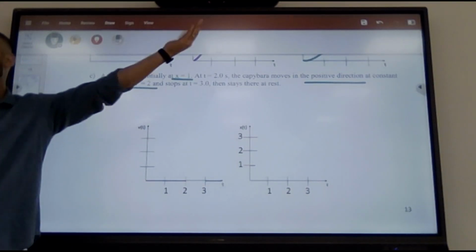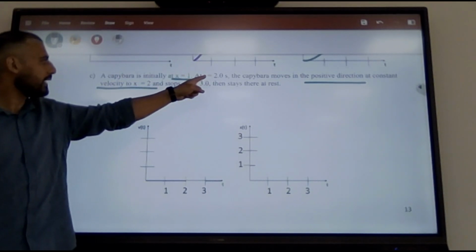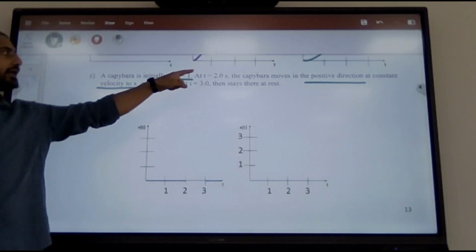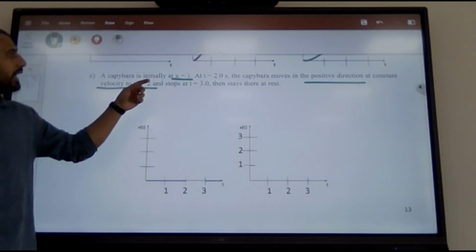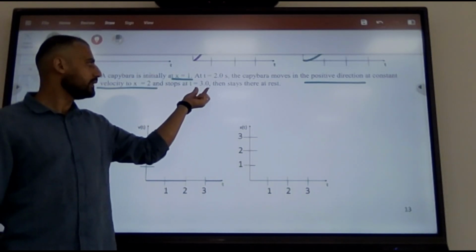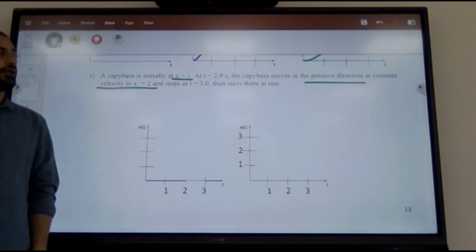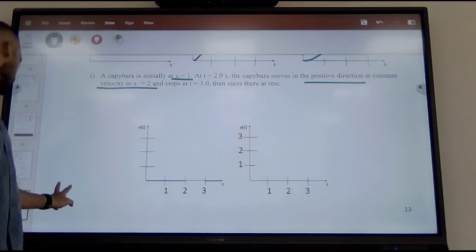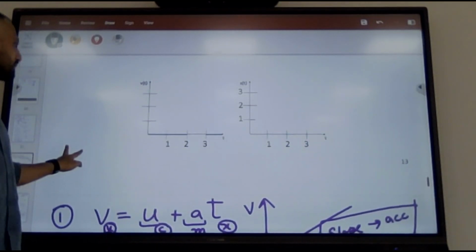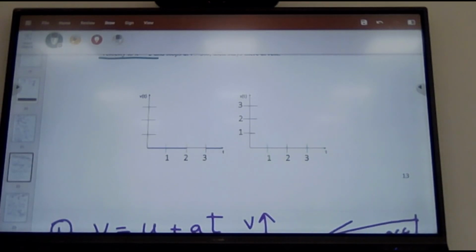So he is moving in the positive direction from x equal to 1 to x equal to 2, but at a constant velocity. Then it stops at t equal to 3, and there it stays at rest. The question is, how will its velocity and displacement, and maybe the acceleration-time graph, look? First of all, let me tell you about this, then we can go from here.